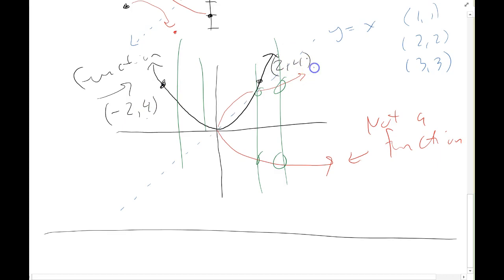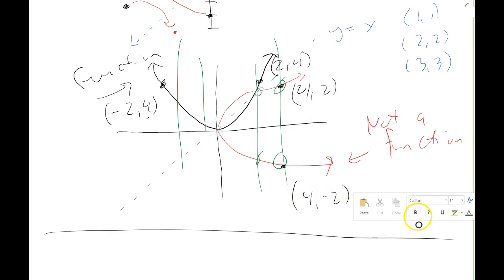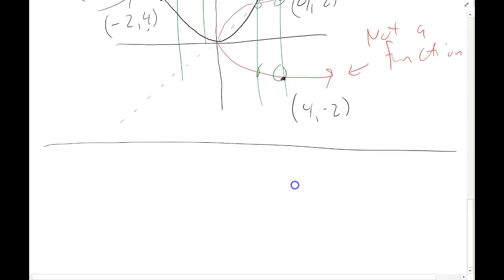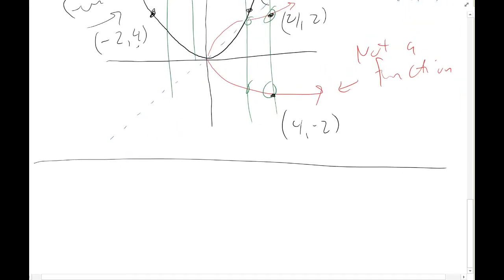Notice those have the same y coordinates. When I make their inverse, they have the same x coordinates, right? We have 4, +2 and 4, -2, and they're going to fail a vertical line test. So whenever this occurs, where I have repeating y coordinates, I know that I'm going to have an inverse that is no longer a function.